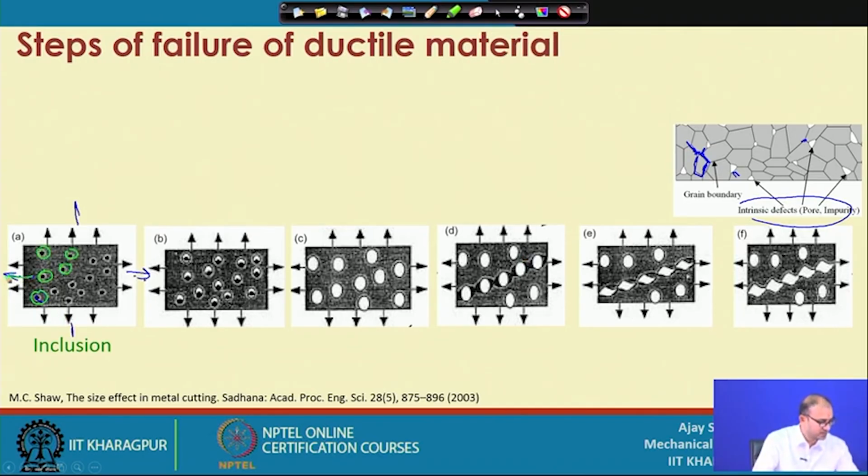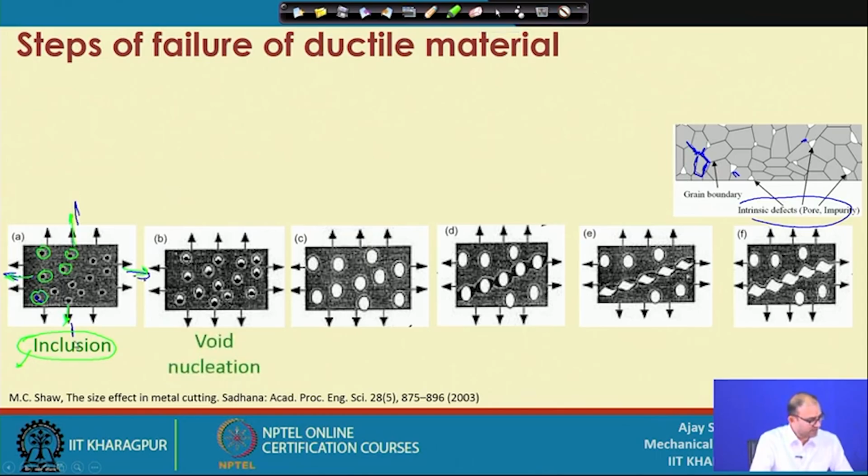Now, you are putting this workpiece in tension in both directions. This inclusion will behave as the origin of the breakage, the origin of the void, and then that void will continue to propagate, and finally you get a breakage.